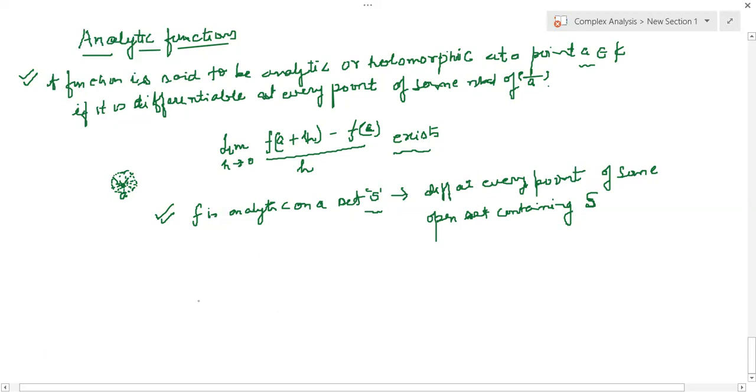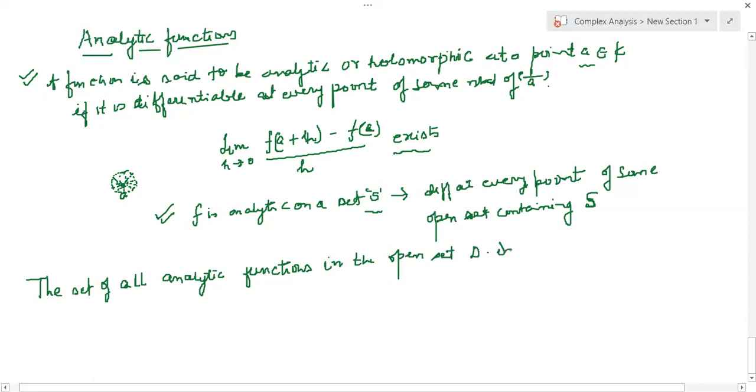Let us write a notation here first. The set of all analytic functions in the open set D is denoted simply by H(D), because H stands for holomorphic.